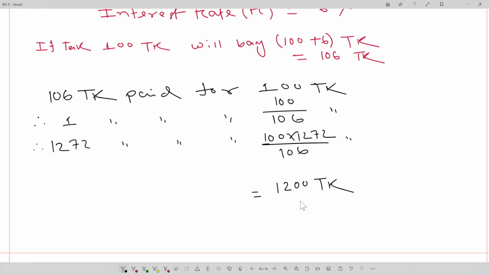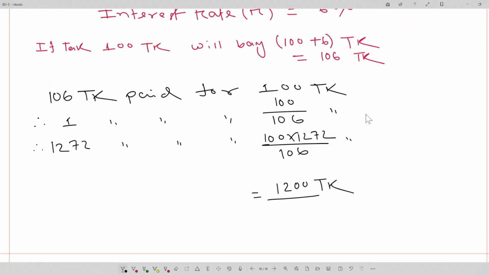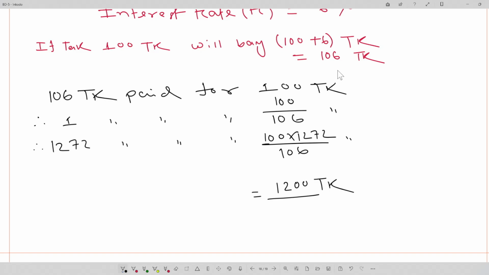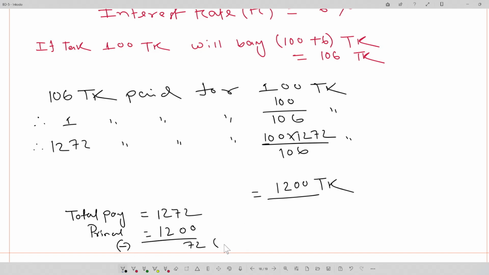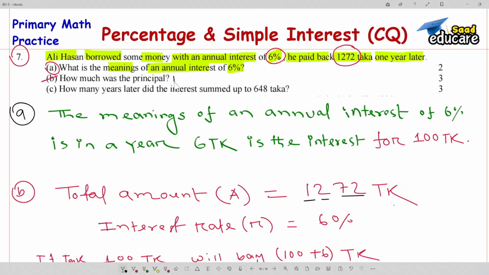It means he has taken 1200 taka and returned 1272 taka. So the interest is 72 taka. Total payment is 1272 taka, principal is 1200 taka, so once we subtract it becomes 72 taka, the interest. So for question B, the answer is 1200 taka.